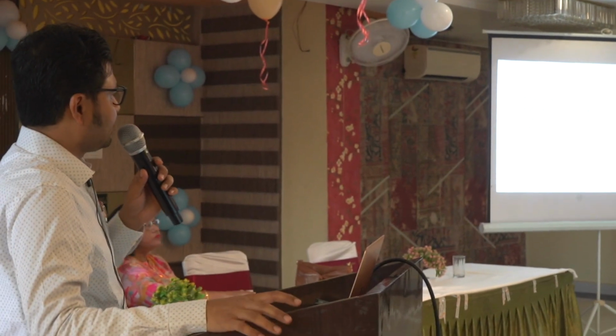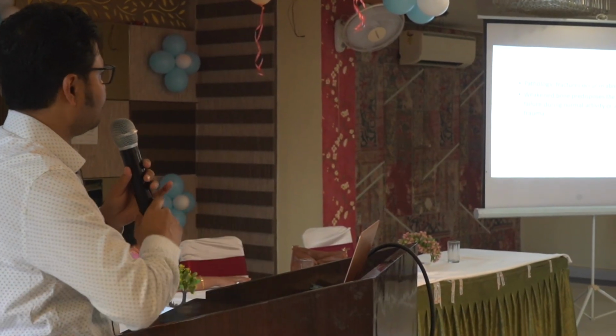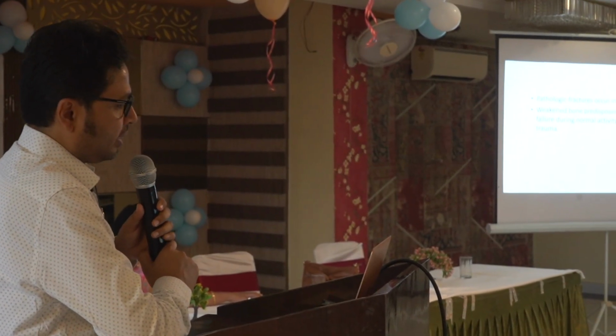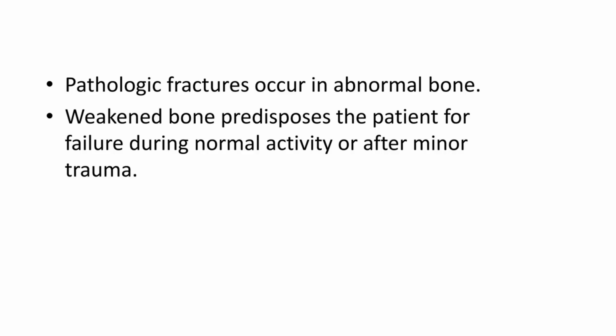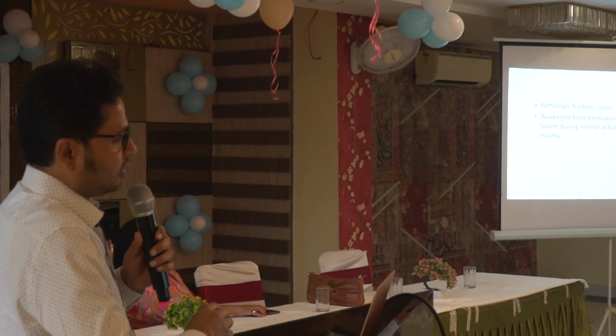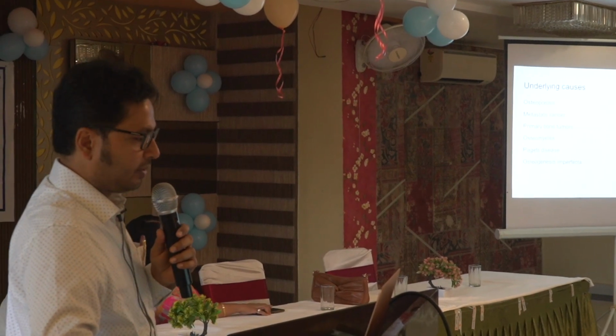A pathological fracture is a fracture in an abnormal bone. The bone is usually not normal, and the weakened bone predisposes the patient to failure during normal activity or after minor trauma. Even after a minor trauma, just a slip on the floor or just turning from a center table, simple things can cause a fracture.